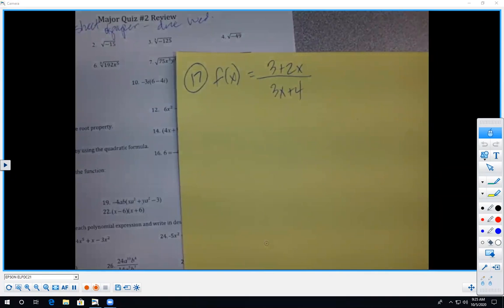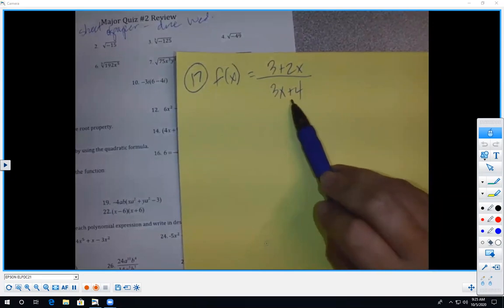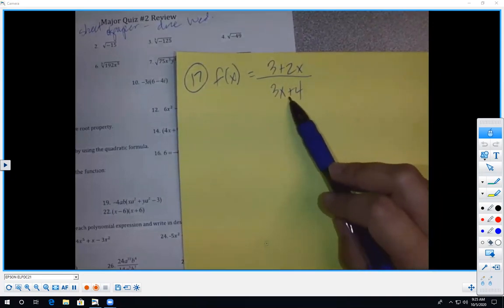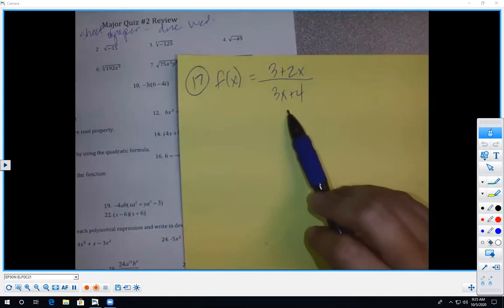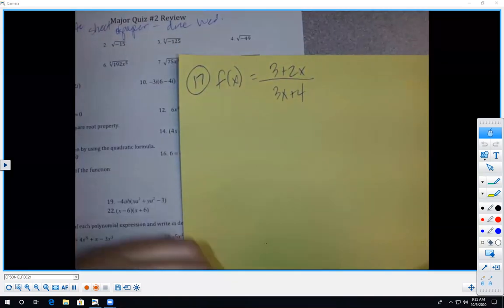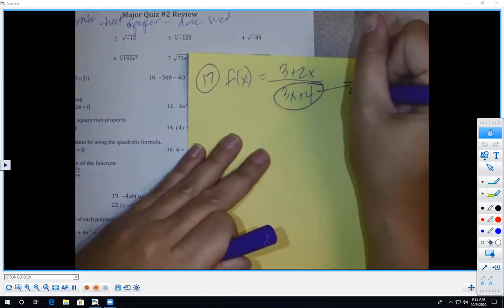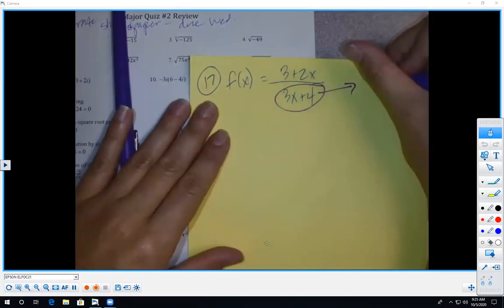Domain is finding what x values am I allowed to plug in? What's the issue here? You can't have a 0 on bottom, right? Because it's a fraction. We're not allowed to have 0 on the bottom. So I need to figure out what number, when I plug it in, I get 0 on bottom. The way you can do that is by taking the bottom and setting it equal to 0 and solving.